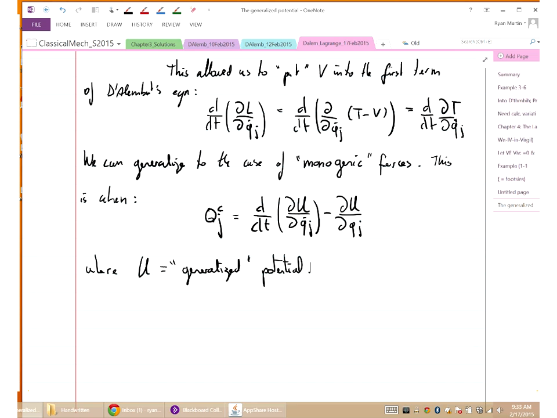The only one you can presumably think of is the magnetic force. The magnetic force is V cross B, the velocity crossed with the magnetic field. Because of this magnetic force, it turns out that you do have to consider the case of a potential that depends on velocity.